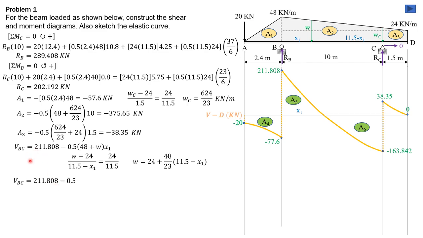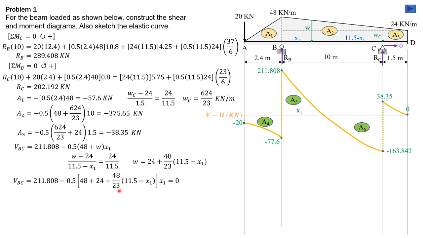Substitute in formula shear BC, then equate to 0 because we want to get 0 shear. As the shear here is 0, that's why we want to solve for x sub 1. So simplifying, we have 211.808, 48 plus 24 plus 48 times 11.5 over 23 is another 24, so 96. 96 times negative 0.5, negative 48 times x1, so negative 48 x sub 1.